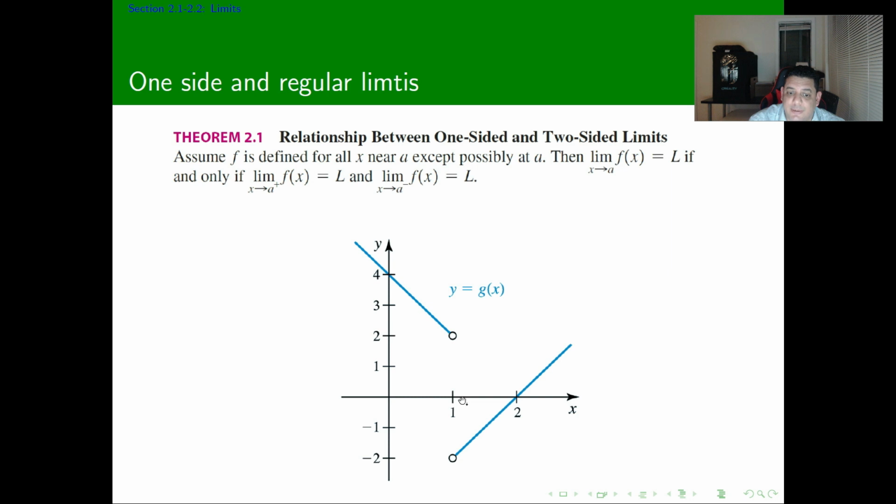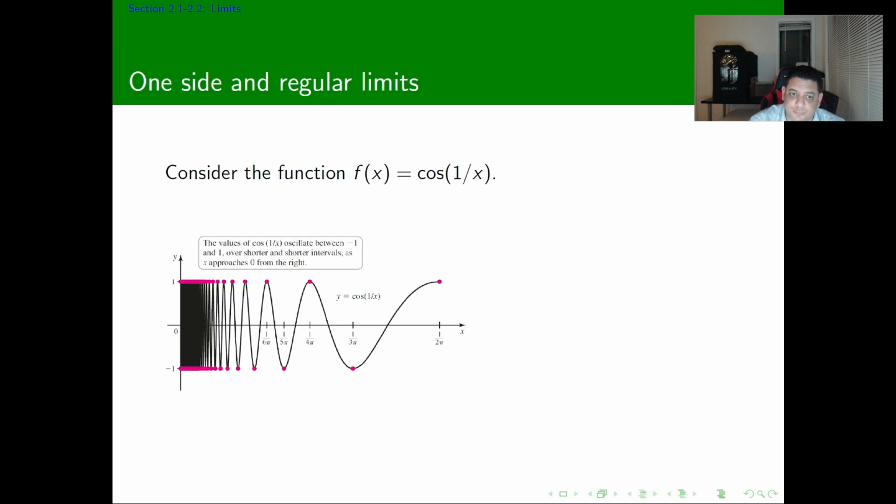And if I go by the right side, then the function is approaching minus 2. So these limits are going to be different, and hence the general limit when x goes to 1 is not going to exist. Okay?